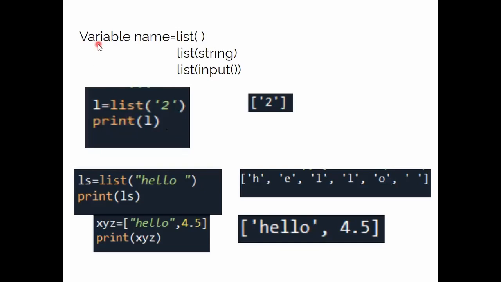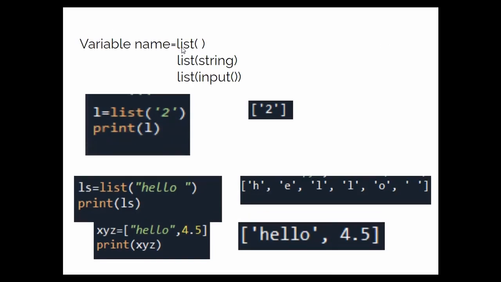Another way of creating a list is by using one more function, called the list function, which is an inbuilt function. So list is the inbuilt function. It can be used without any parameter, with a string as a parameter, or with input as a parameter.